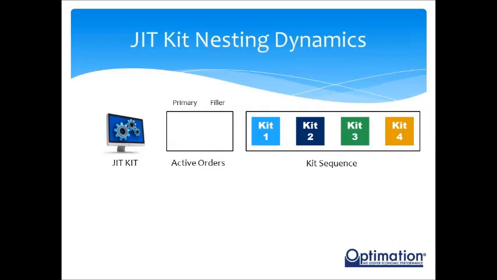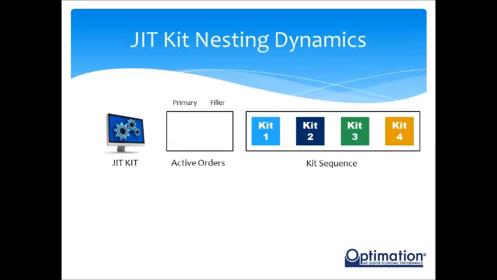So there's a lot of flexibility, and it's difficult to imagine a manufacturer who doesn't have some sort of product structure or order structure that has a group of parts with dissimilar materials that need to be produced together. So kitting is very universal in the industry, and so let's look at how kit nesting works.